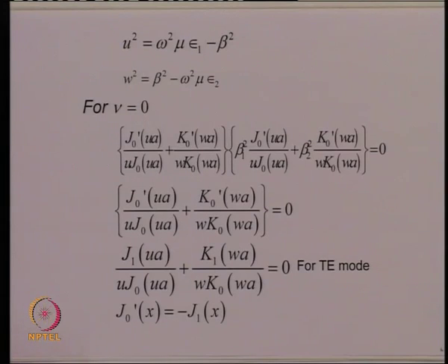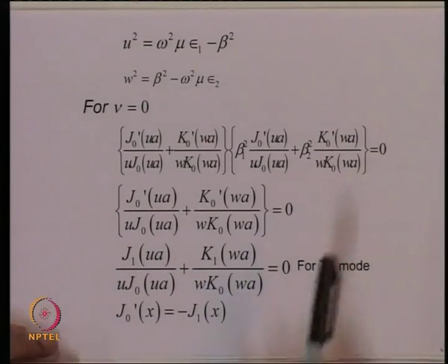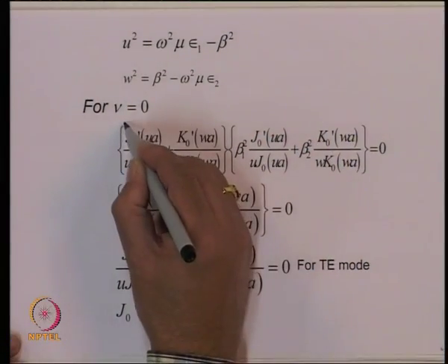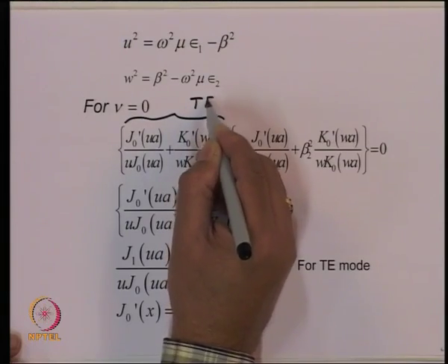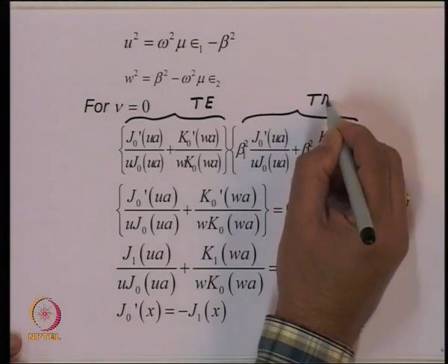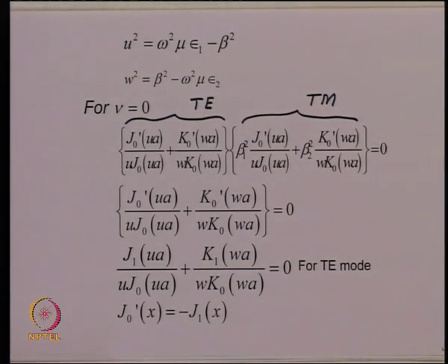So what we find here is that if I had taken a transverse electric case or a transverse magnetic case and gone through the whole exercise of matching boundary conditions and so on, this bracket equal to 0 would come as the characteristic equation for the transverse electric mode, whereas this bracket equal to 0 would come as the characteristic equation for the transverse magnetic mode.